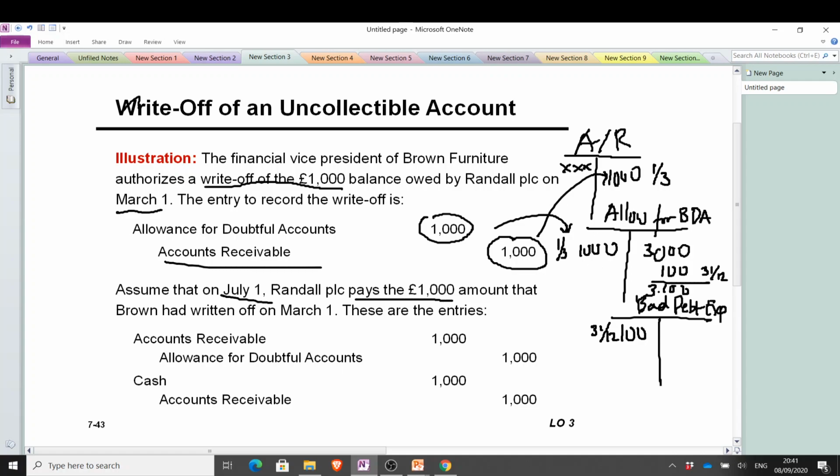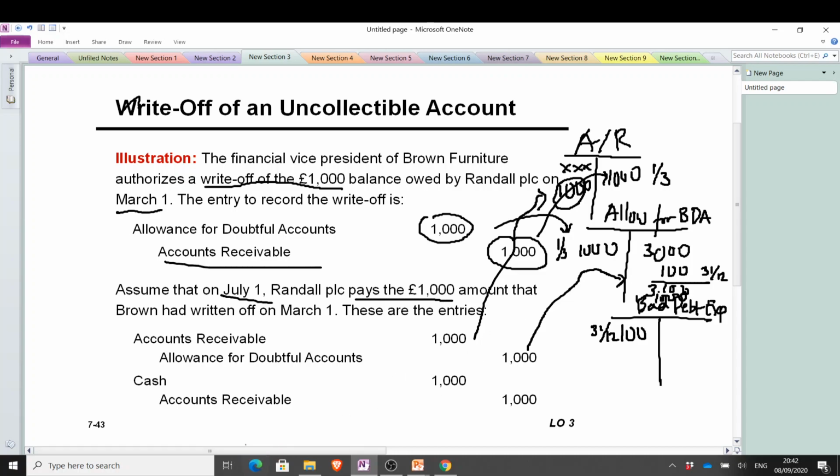We record back our accounts receivable of 1,000, and we add back 1,000 to our allowance for bad debt account.